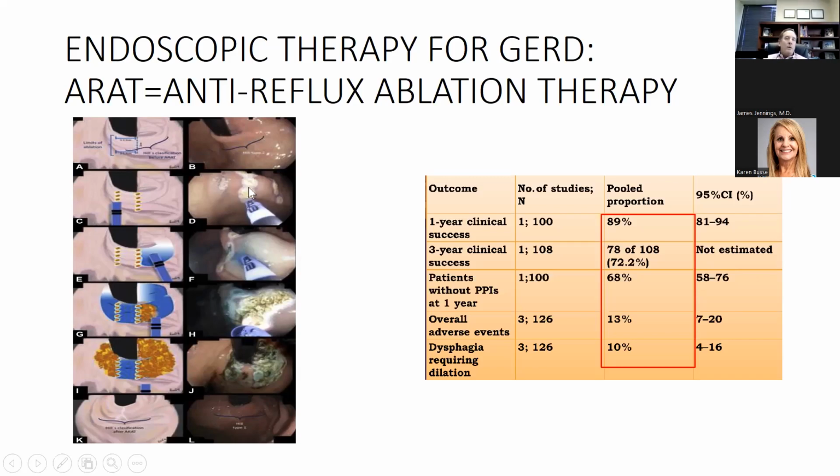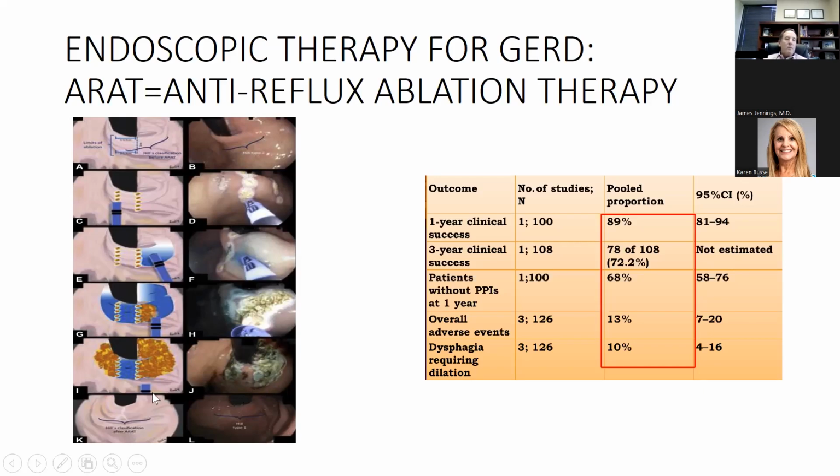And what we're going to do through the scope is use a catheter that ignites argon gas, and we're going to burn the mucosa and the submucosa in a 270-degree angle around the lesser curvature of the stomach.